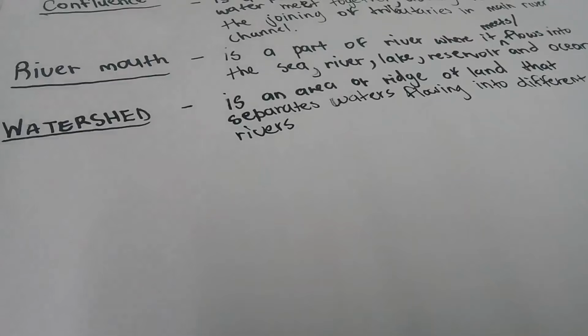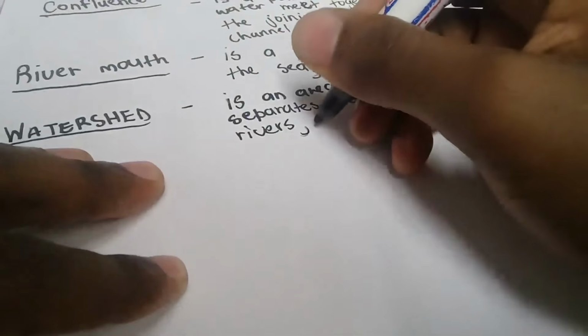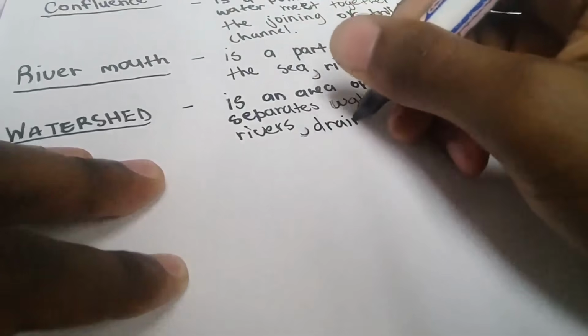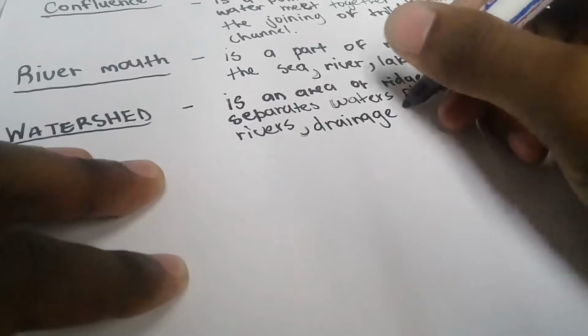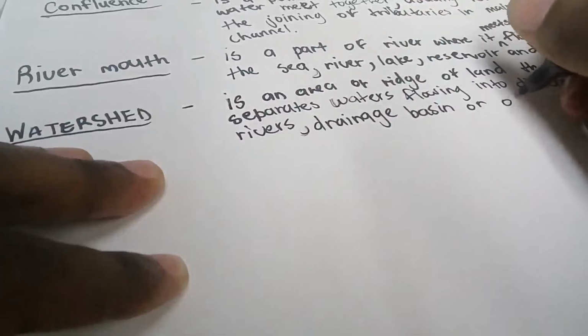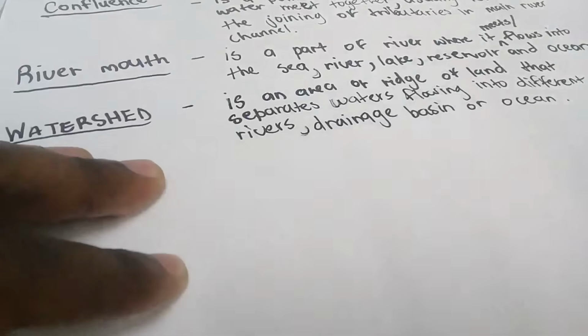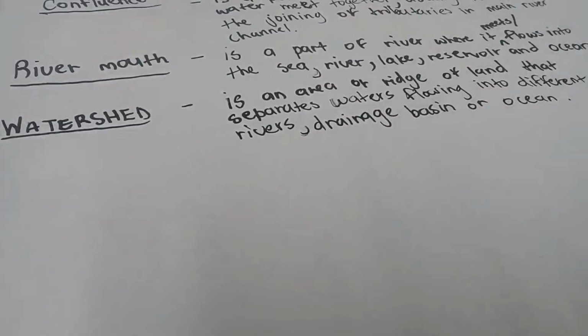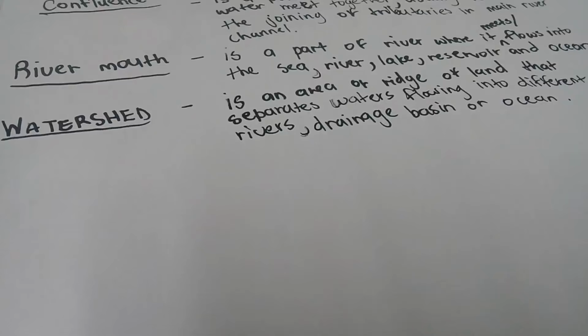Watershed as an area, river, drainage basin, or sea, but the most important one is drainage basin or ocean. So a watershed is an area or ridge of land that separates waters into different rivers, a drainage basin, or an ocean. Yes, that's a watershed.